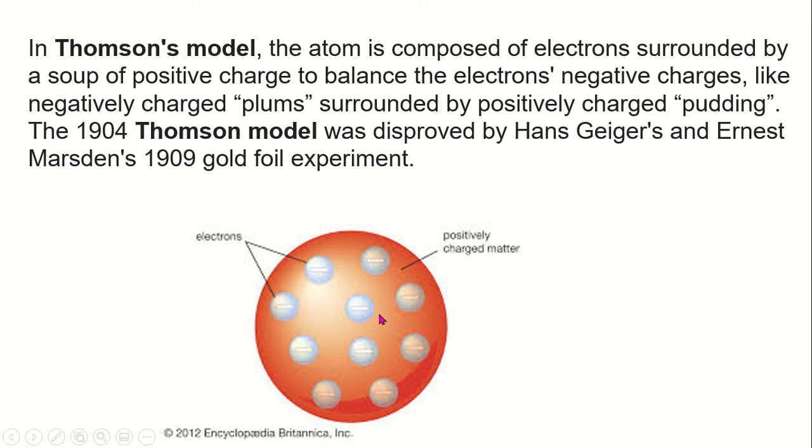I also like pudding. You can observe that in the pudding the kishmish, or plums, are randomly distributed. So Thomson proposed that the electrons, the negative charges, are the plums, and the pudding is the positive charge, and in the positive charge the negative electrons are distributed randomly.